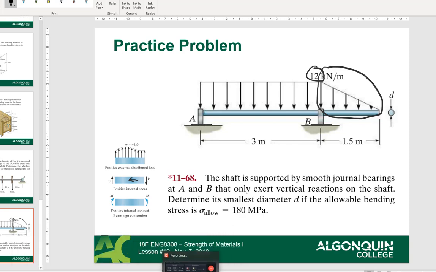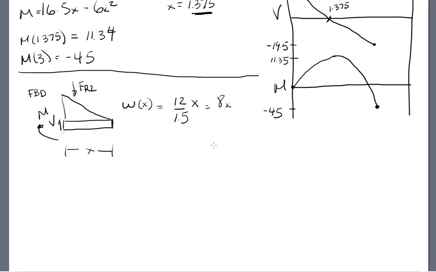So any point of x along that distributed load beam, that's going to be our W. But W times L gives us the FR. So FR2, in this case, is going to be 1/2, because the distributed load is a triangle, 1/2 times 8x times x.